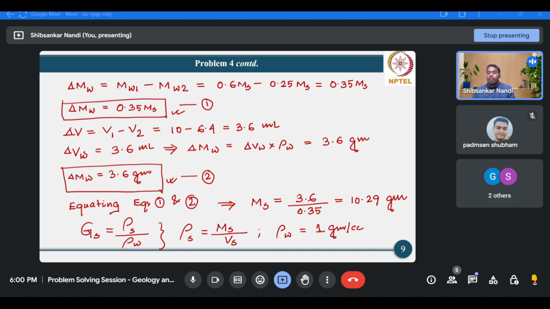So this is the critical parameter which we need to know before calculating the value of GS, that is rho S. Now for calculating rho S, we already know the value of Ms, that is 10.29 gram, but we don't know the value of Vs, the volume of soil solids. So how can we determine the volume of soil solids?